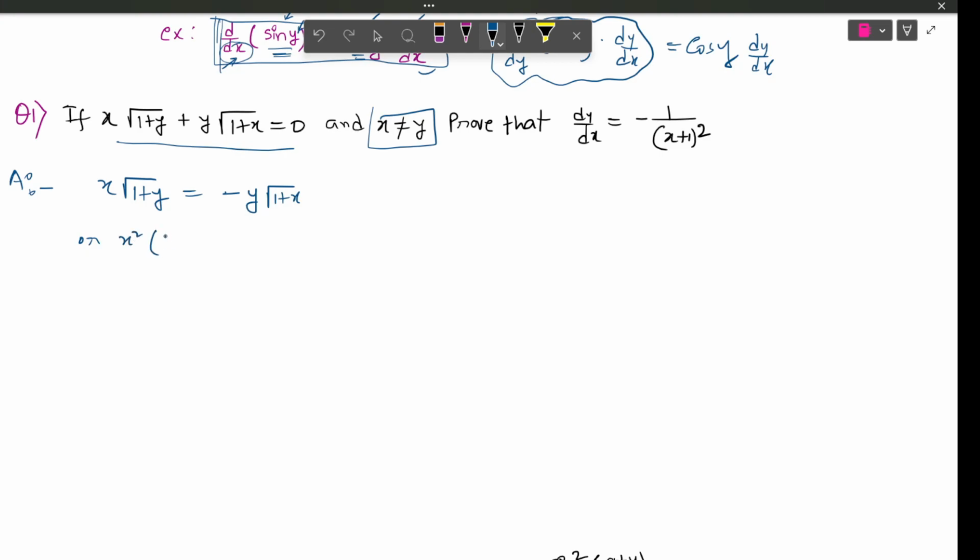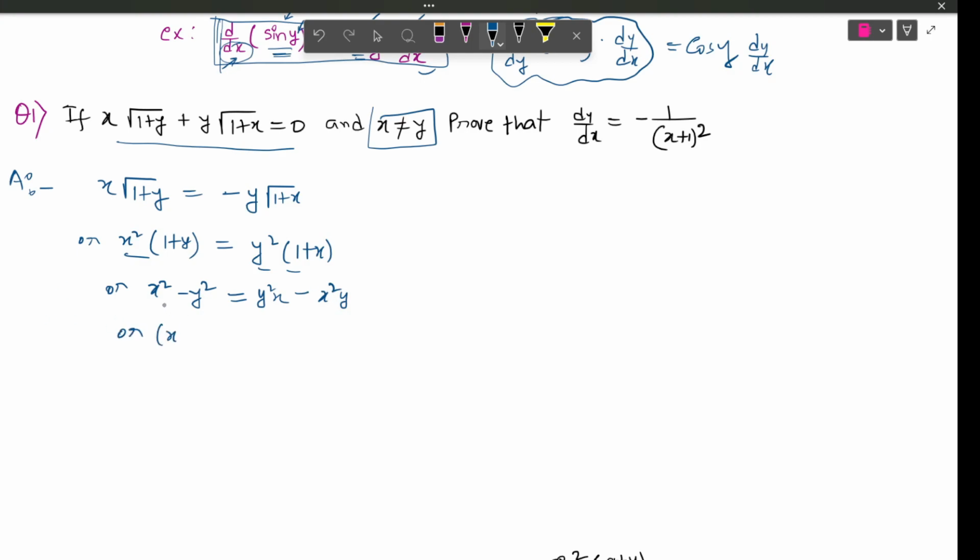It will be x square into 1 plus y, square root and square cancel out, equals y square into 1 plus x. Now this is x square y, this is y square x. Take it to the left hand side. So it will be x square minus y square, and it will be y square x, and here x square y, taking it to the right hand side, x square y.